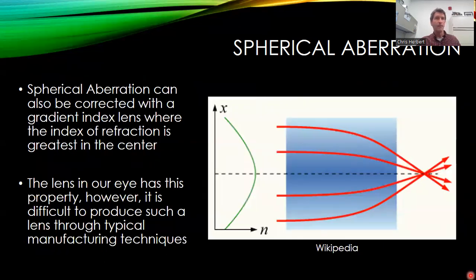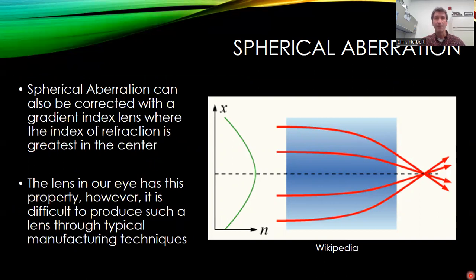The other way that you could get around this, and this is even more difficult, but with the advent of more sophisticated materials, we can actually take a trick from our own eye. The lens in our eye actually has a greater index of refraction at the center than it does at the edges.